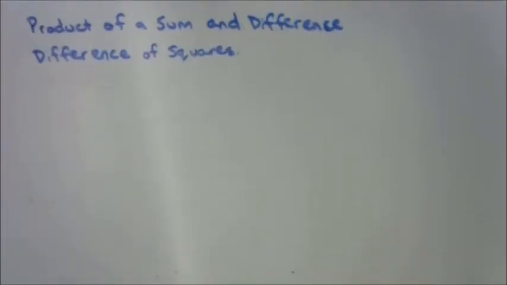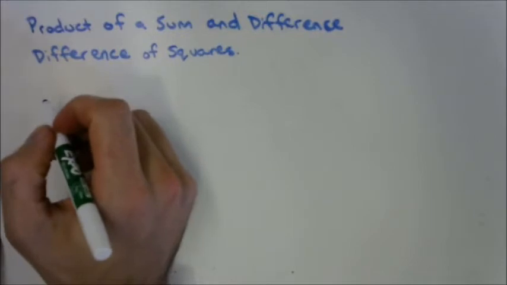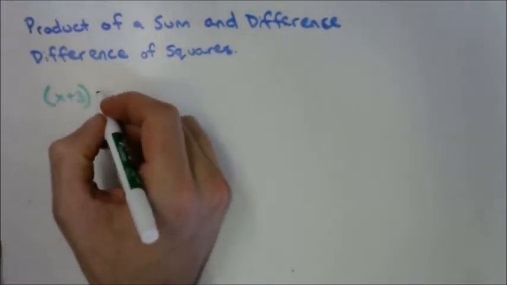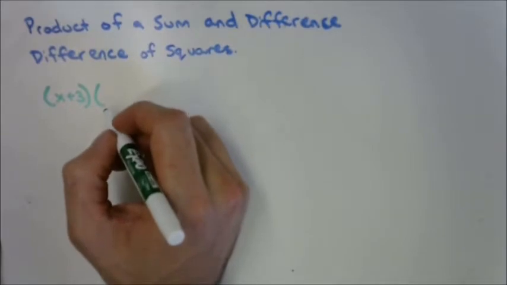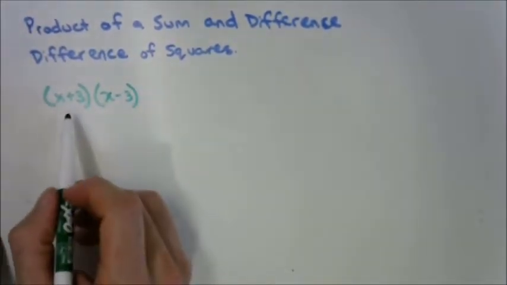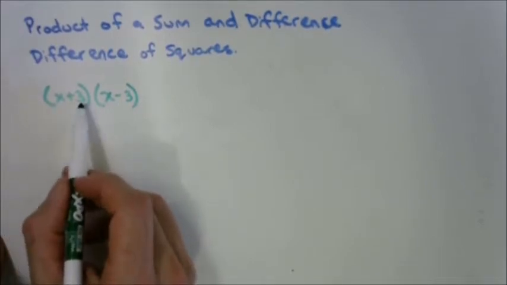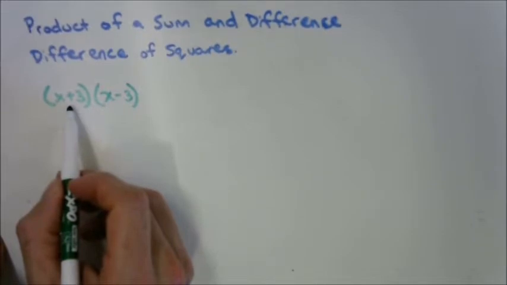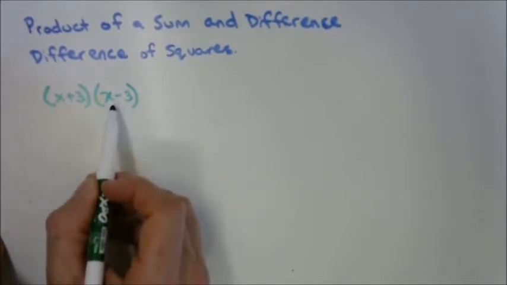In the last examples, we were dealing with a binomial squared. This is going to be another special case, quite related to that one. In this case, we're not dealing with a binomial squared, but we're dealing with conjugates. You don't need to know that word. It just means that you have the terms a and b in both brackets, but one of them they're connected by addition and one of them they're connected by subtraction.